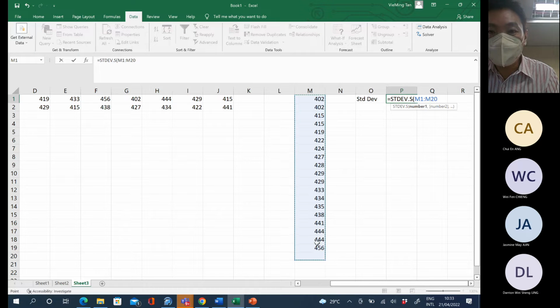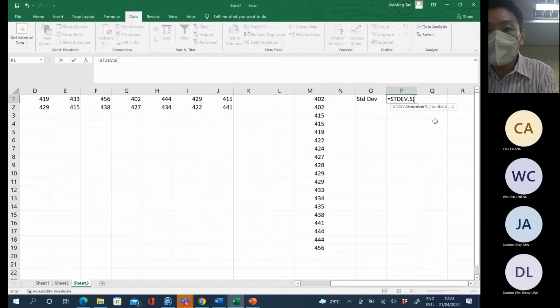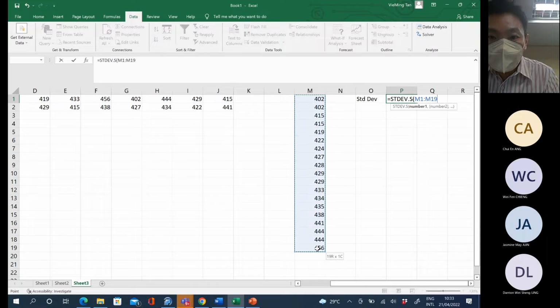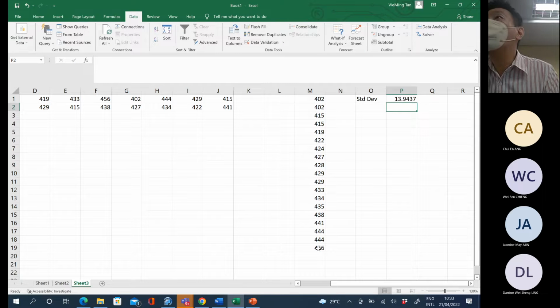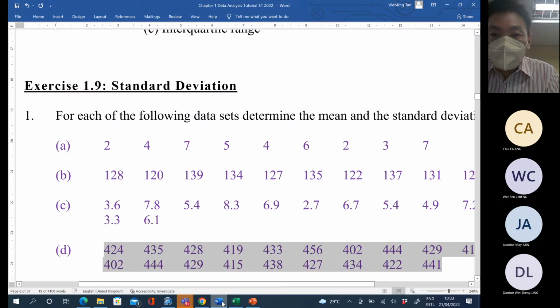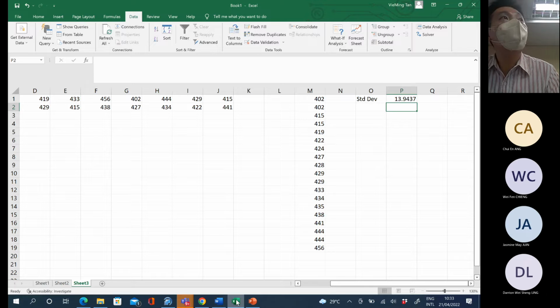Highlight this data. It goes to 13.94. Okay, this is the answer using the Excel. Then let's try to do it manually.